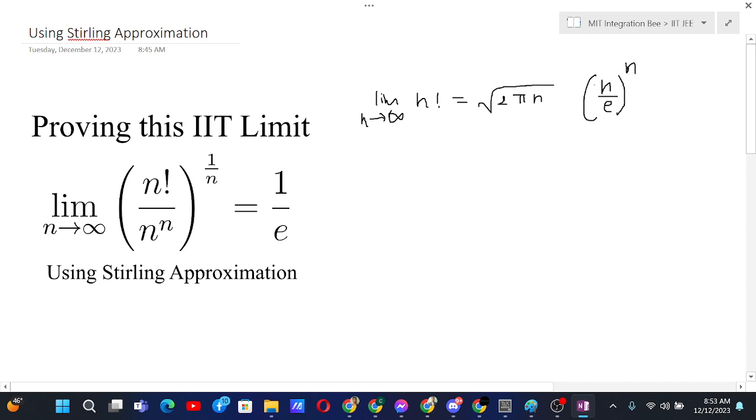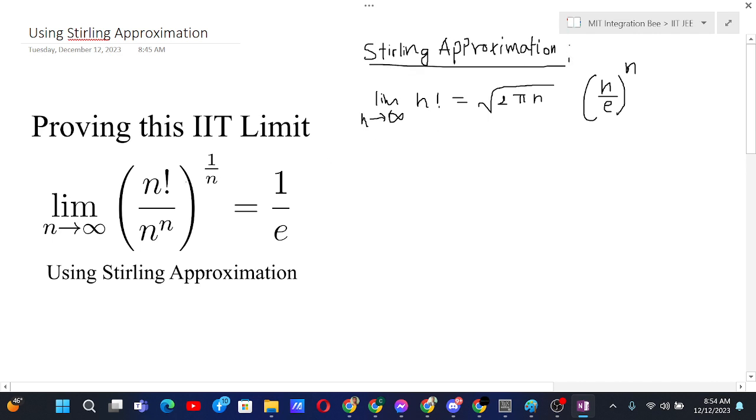For the reason of the name that it's called an approximation, for larger n to find the factorial we use this formula just to approximate. That might not be exactly true, but that gives a good approximation. And if n is infinity, that will be true. So this is Stirling approximation.